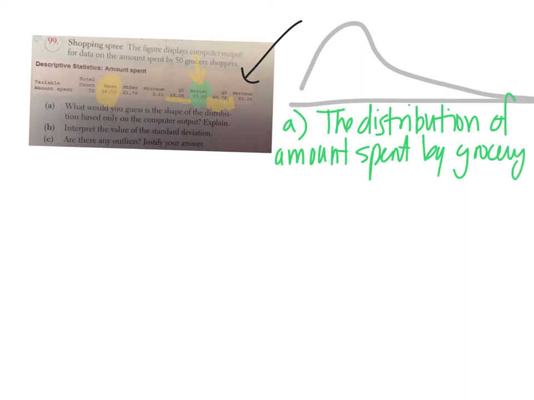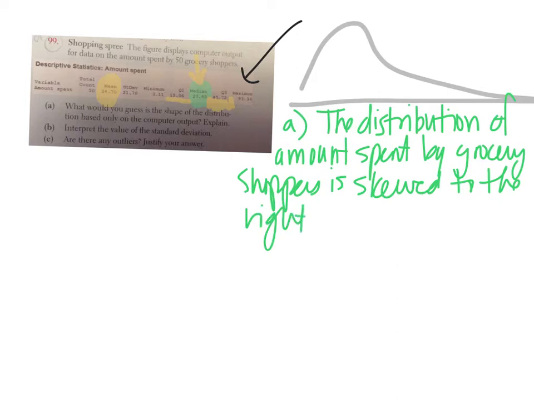I just looked at the problem again to see that. Is skewed to the right. And I'm going to put here mean greater than median, so we can tell that it's pulling it to the right.